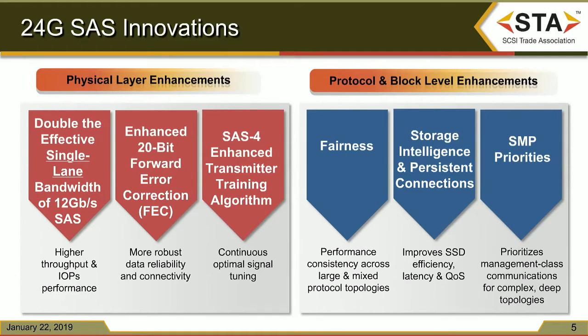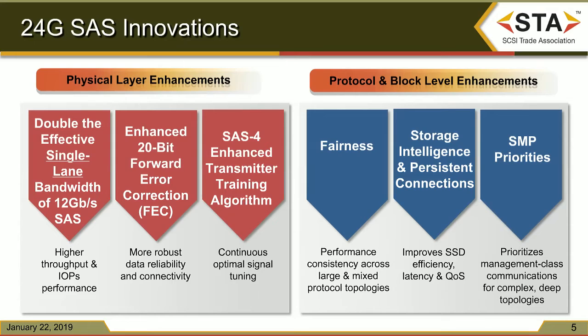We have enhanced our transmitter training algorithm. We used to train at the start of day, where we would set the SerDes settings at the start of day. With this new transmitter training algorithm, we train on continuous live data in a non-destructive fashion, so that we always have the optimal SerDes settings at any given time.